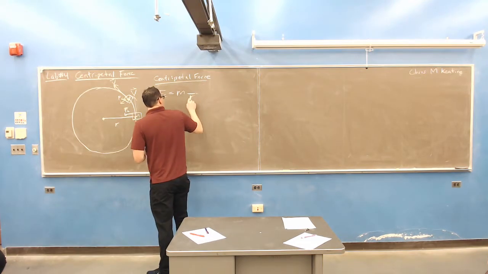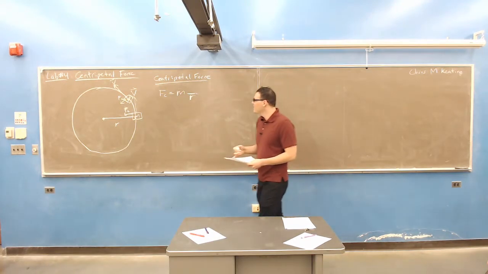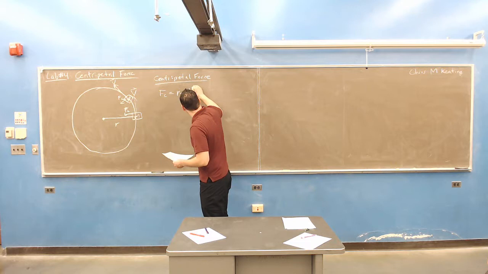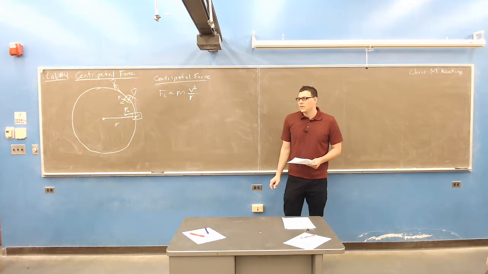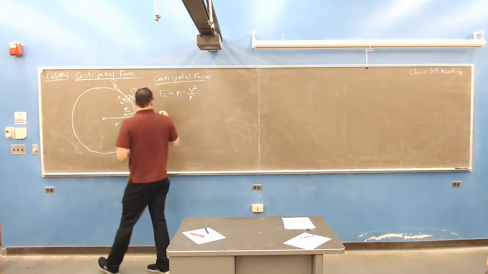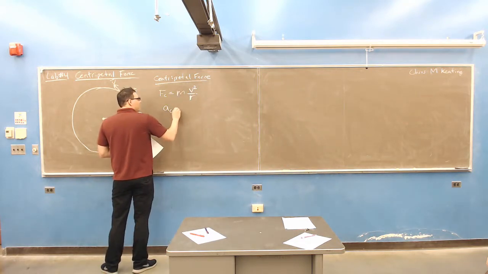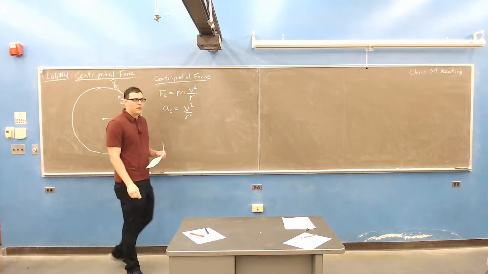The one where people can dislocate their shoulders? Yes, that one. All right, and it turns out it also depends on the velocity, but in a way that you guys might not realize, which is v squared. So that's the centripetal force. And since F equals ma, you can write the centripetal acceleration as just v squared over r.